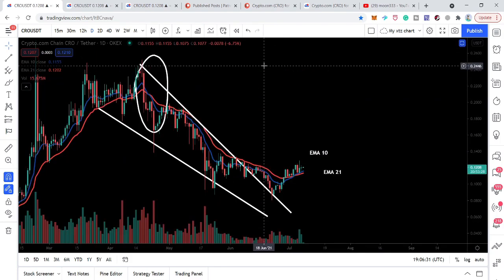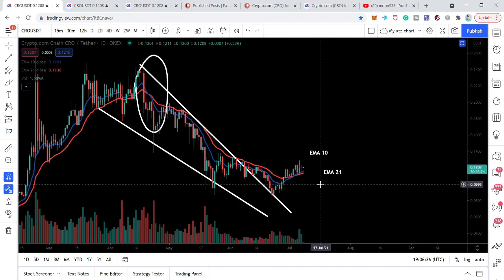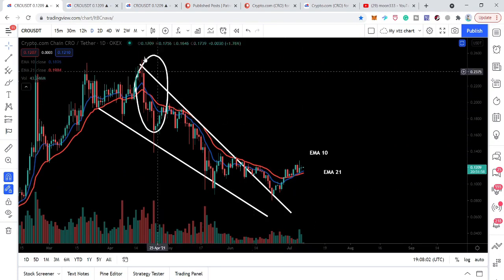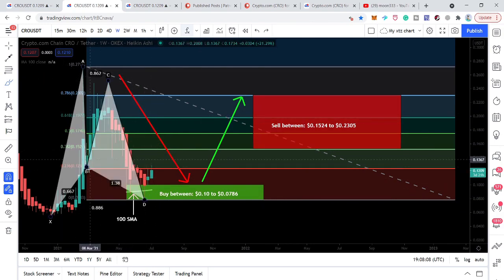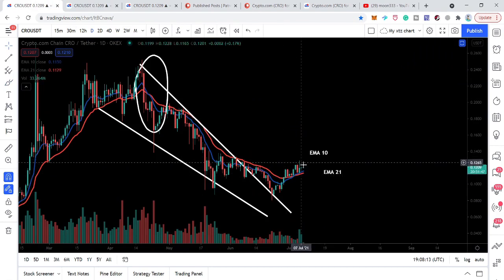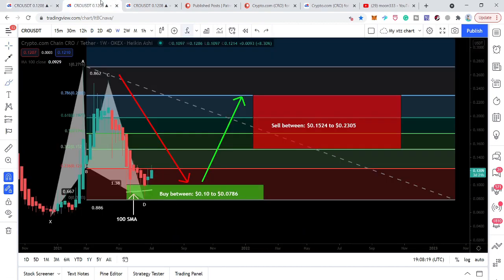However, the price action has confirmed the breakout, and we also have a very good support here, approximately at 9 cents. So if you have missed the buying here from this dip, from this buying zone of this Fibonacci based very big bullish bat pattern, then you can also try to buy it here above the exponential moving averages, and you can set your stop loss here at 9 cents, because we are already almost 29% up, and the price action has turned bullish and moved up from this buying zone.